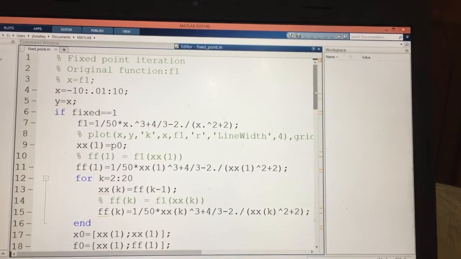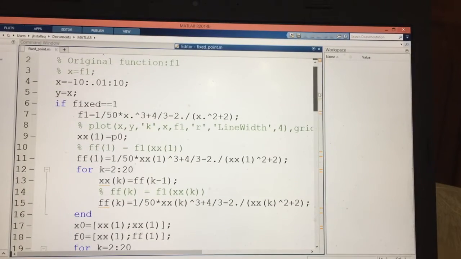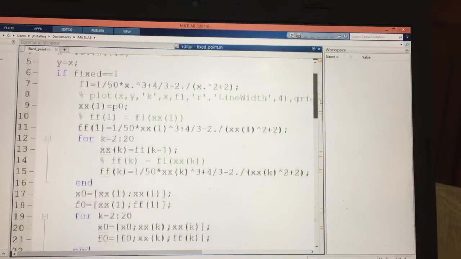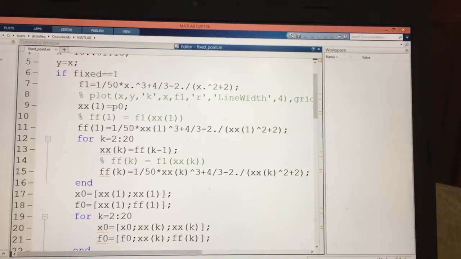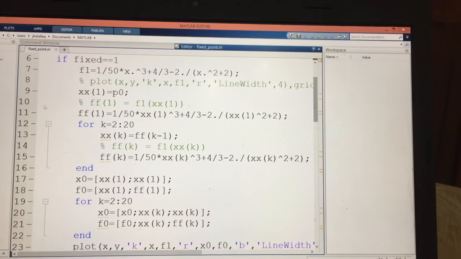So we want to draw the function. If fixed equals 1, we define function 1. As I told you in the previous video number 1, what we define here is the starting value. We called it p naught.